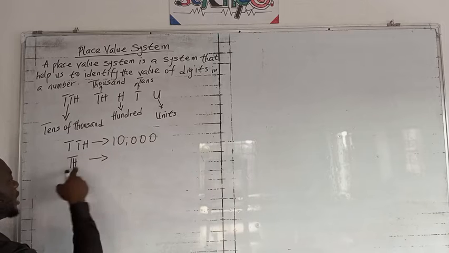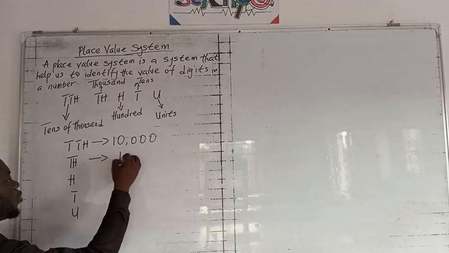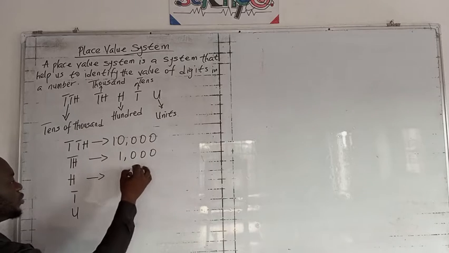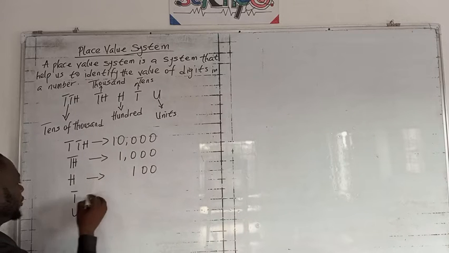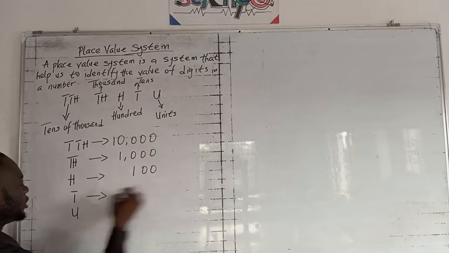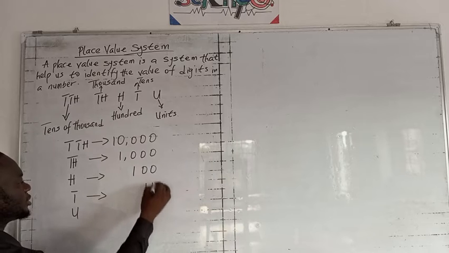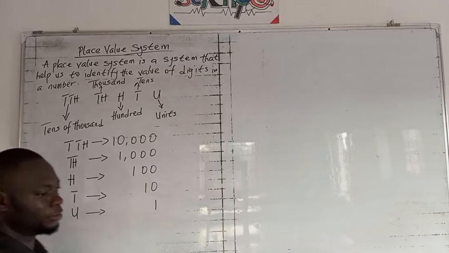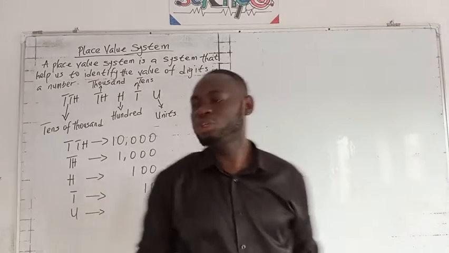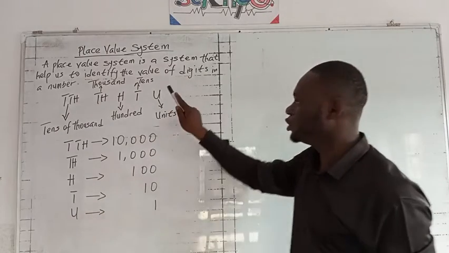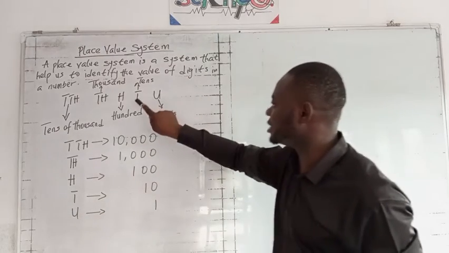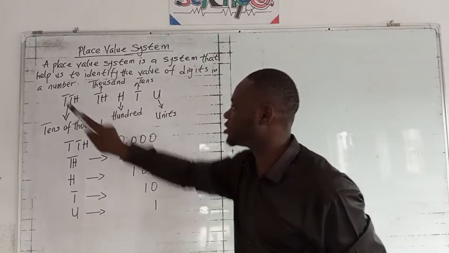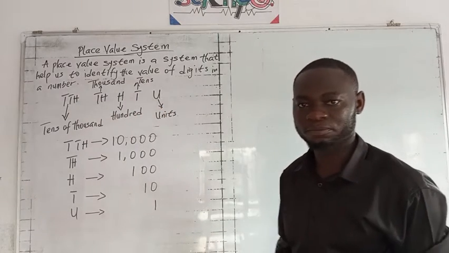The smallest here is 1,000. While H is what? 100. The smallest digit in tens is 10, while the smallest digit in unit is 1. So you now notice that this is called unit, tens, hundreds, thousand, tens of thousand.